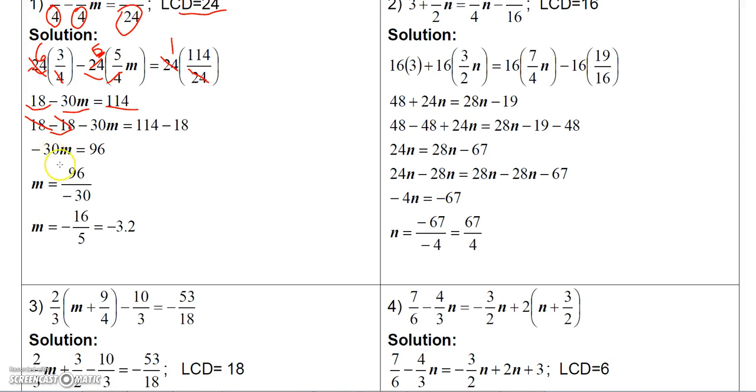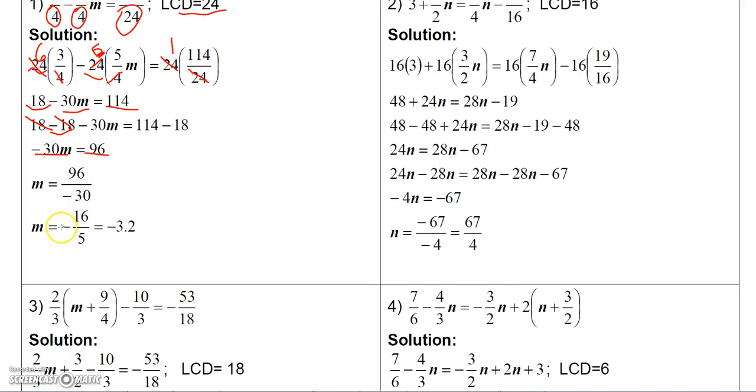And now I'm skipping some steps, since you should be smarter now about solving these, so I'm just going to tell you what I did. If I divide both sides of this by negative 30, then the left side gives you just m, and the right side gives you 96 over negative 30.